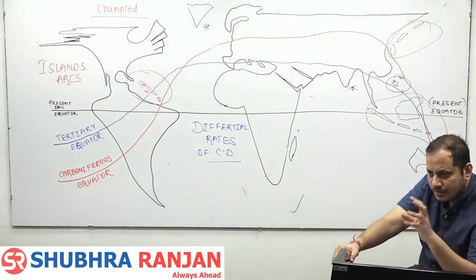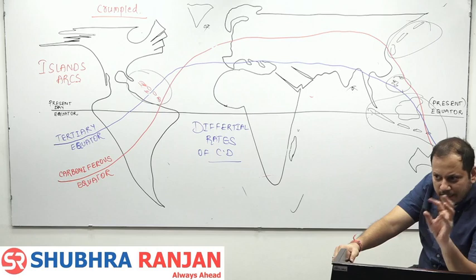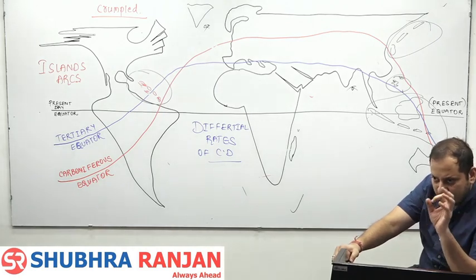Understood? He could not tell you the sequence, कि पहले क्या हुआ, बाद में क्या हुआ. Next point.